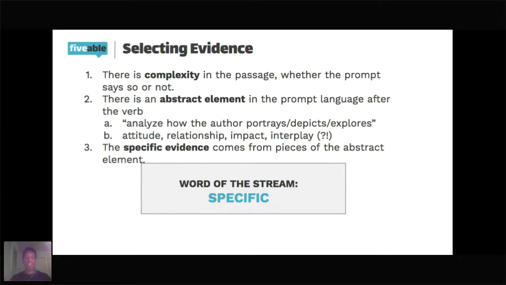And so you have everything that they're looking for. And that's a good way to organize it.